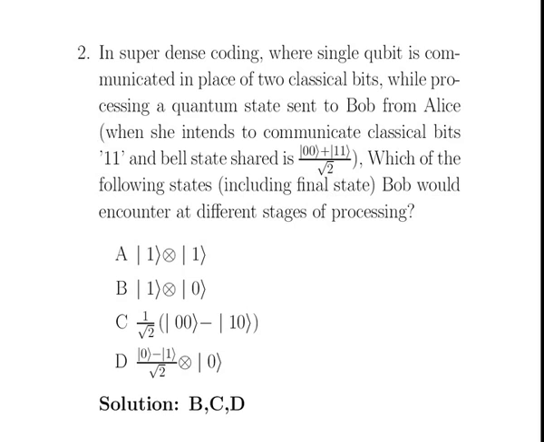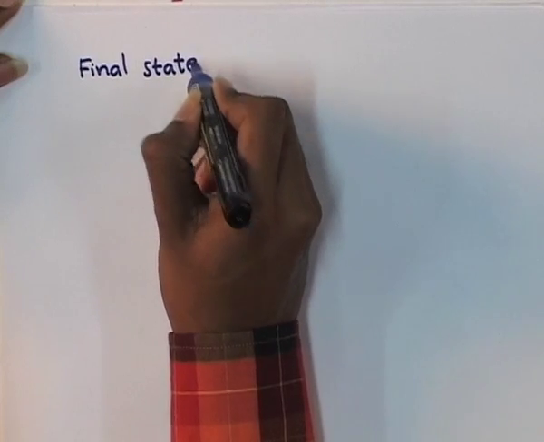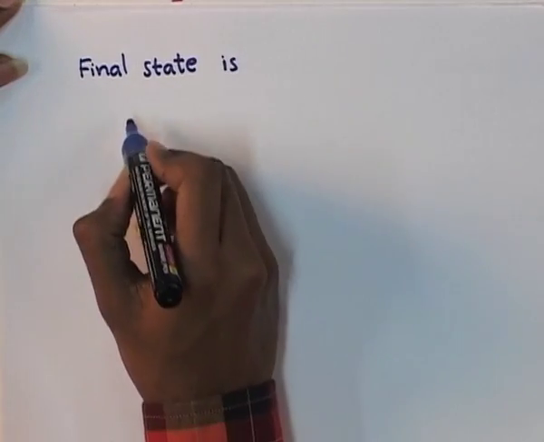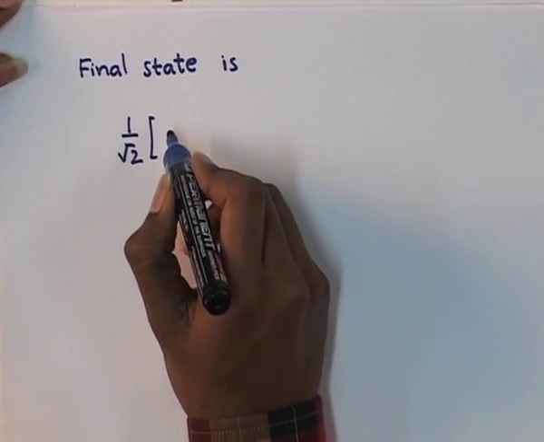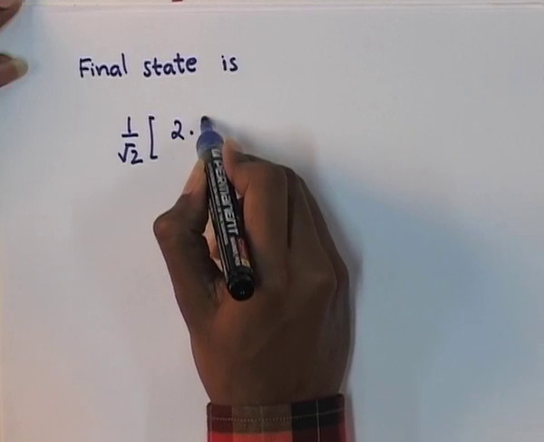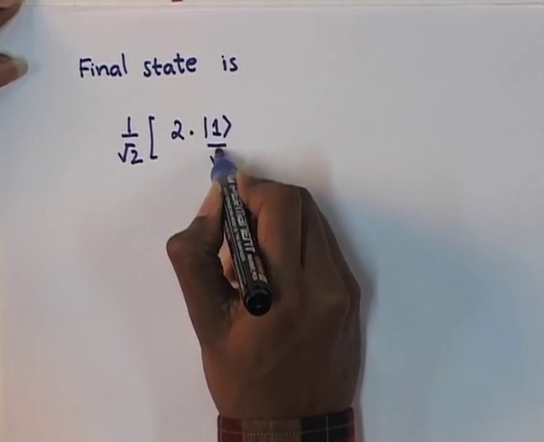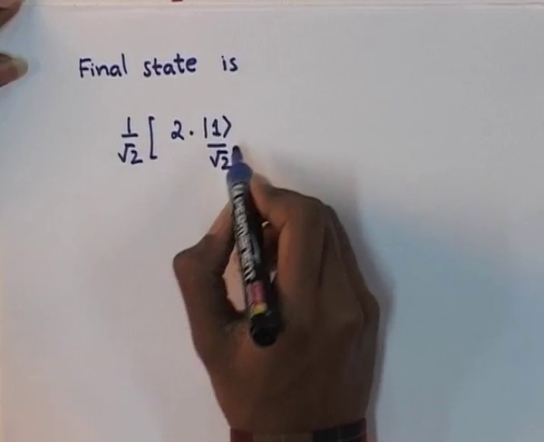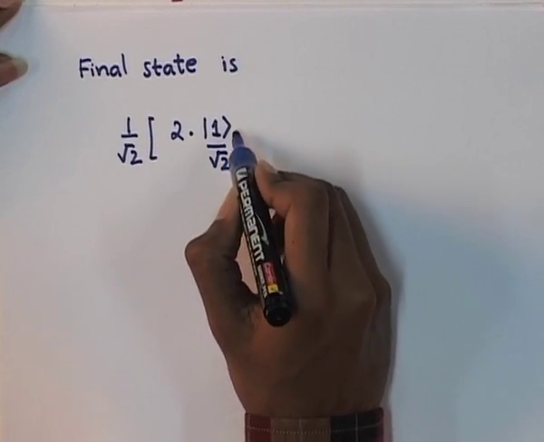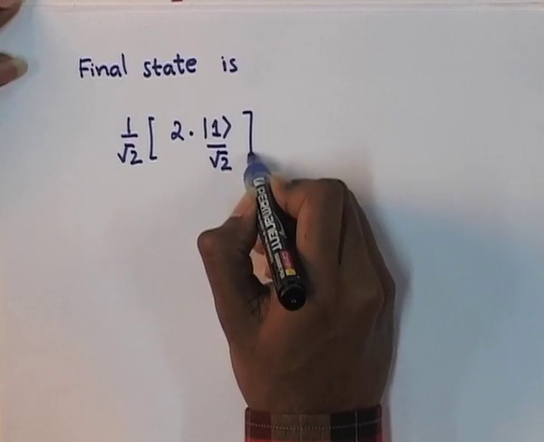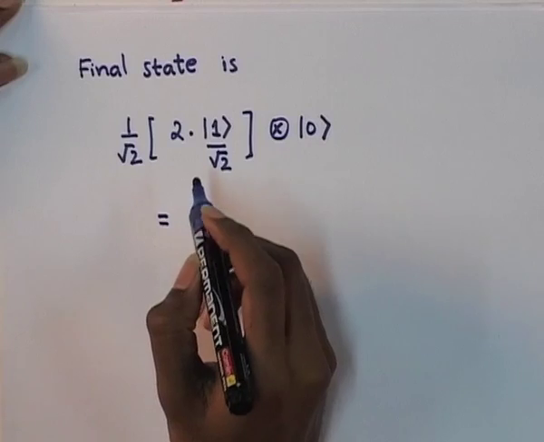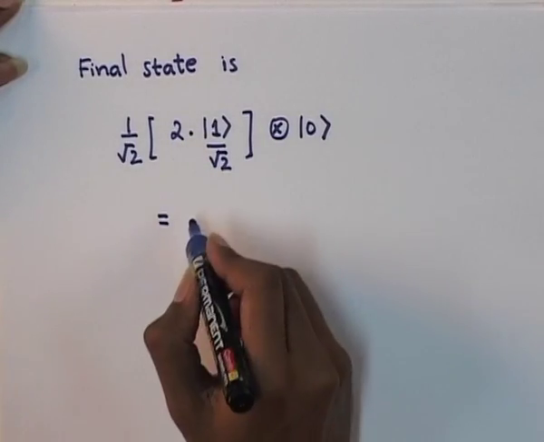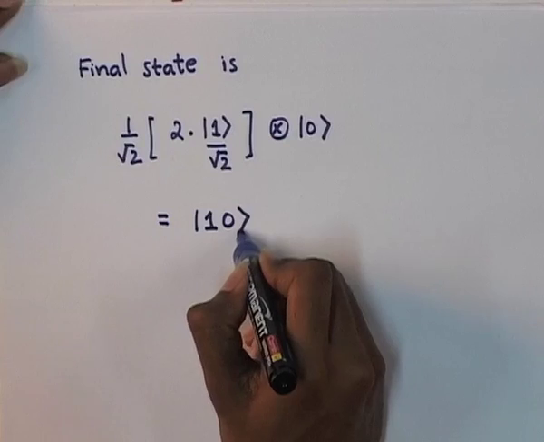So the final state is 1 by square root 2 times, the qubit 0 gets cancelled and qubit 1 gets multiplied by 2 with a factor of square root 2 from the initial terms, which is equal to, and we see that all the coefficients get cancelled and we obtain 1 0.